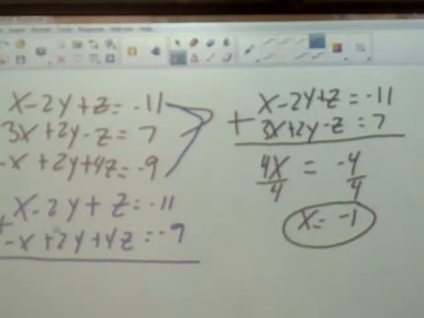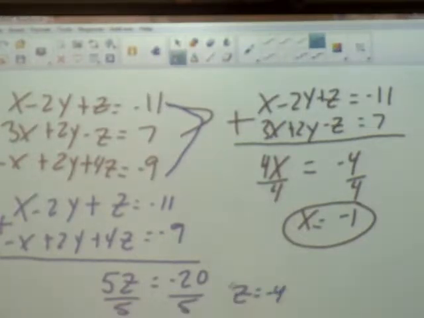He gone. Negative 2y and 2y is nothing. He gone. Z and 4z, 5z. Negative 11 plus negative 9. Good. So you got a z of negative 4.